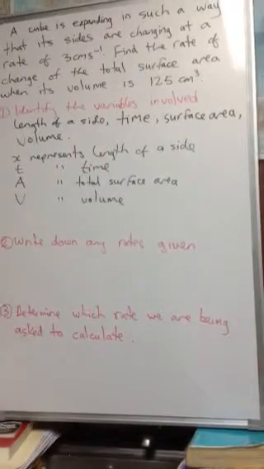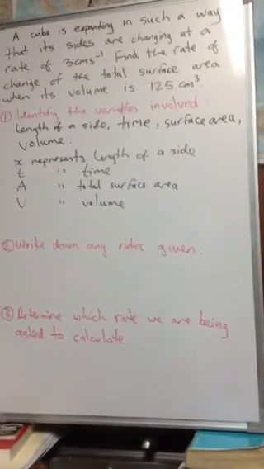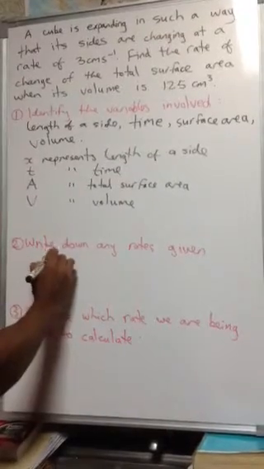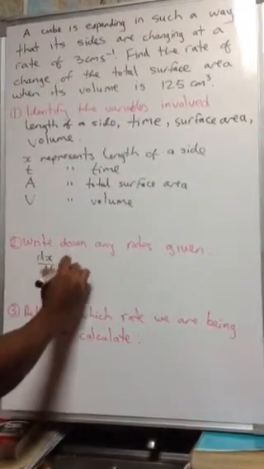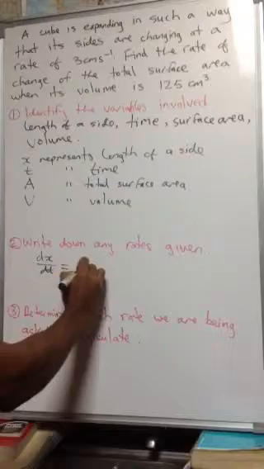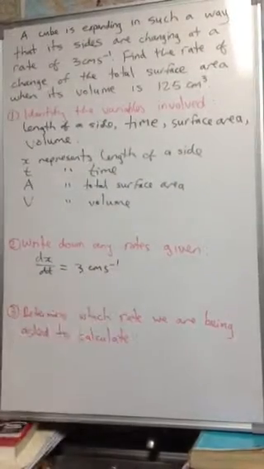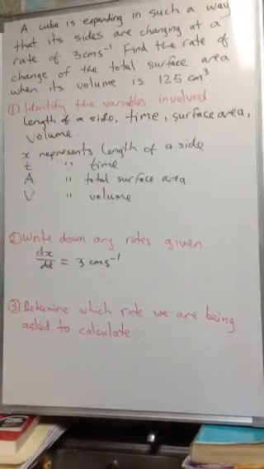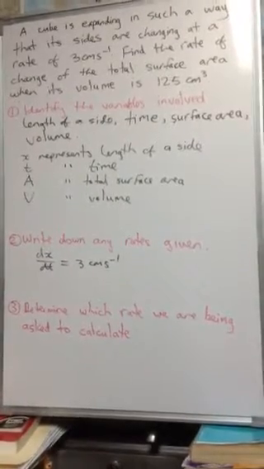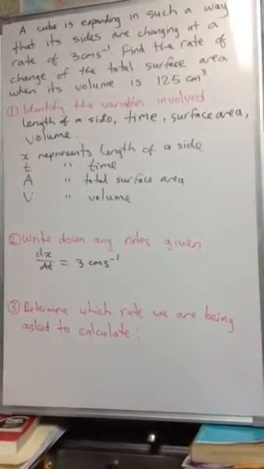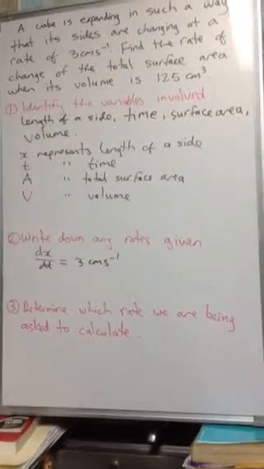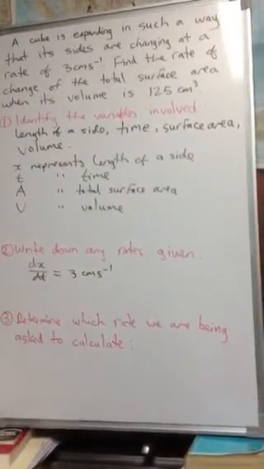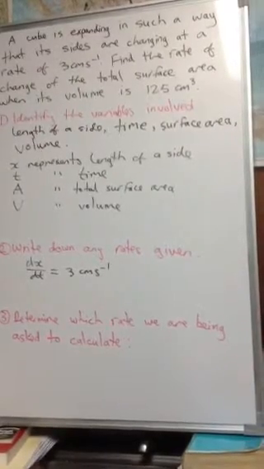Length of a side is x, rate, so that's dx/dt. dx/dt is equal to 3 centimeters per second. Now note that the cube is expanding, which means that it's increasing in size, and therefore the length of the sides will also be increasing, which is why we have a positive 3 centimeters per second. That's useful to note.